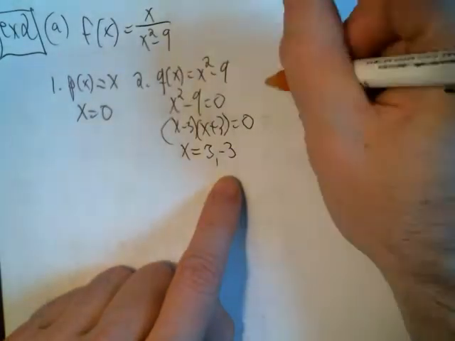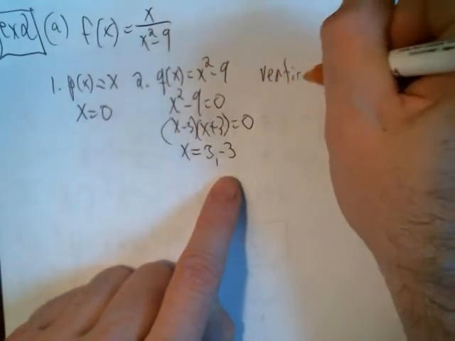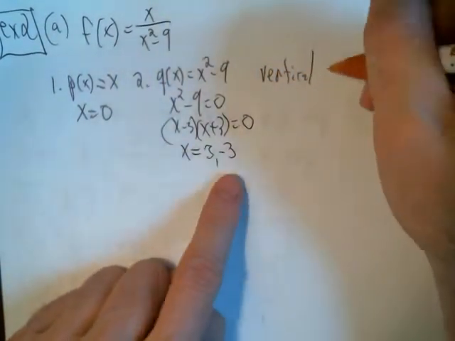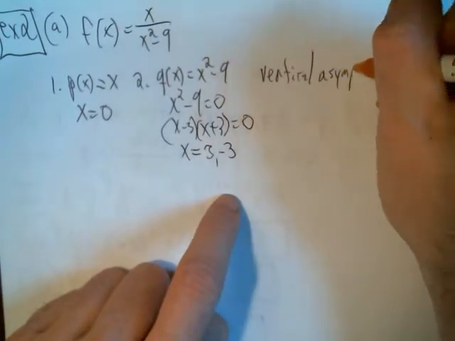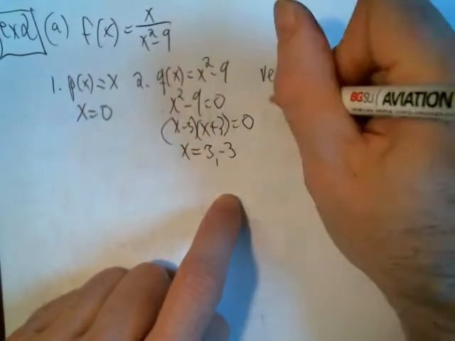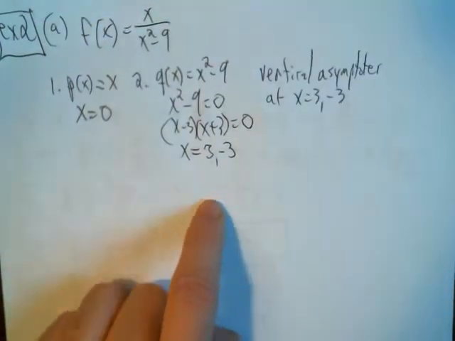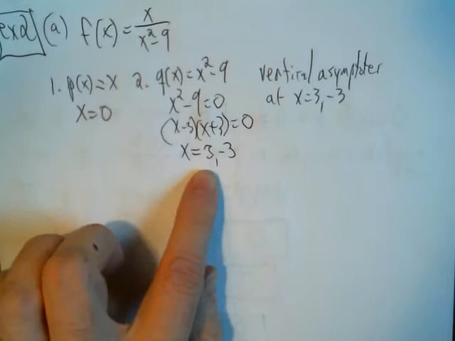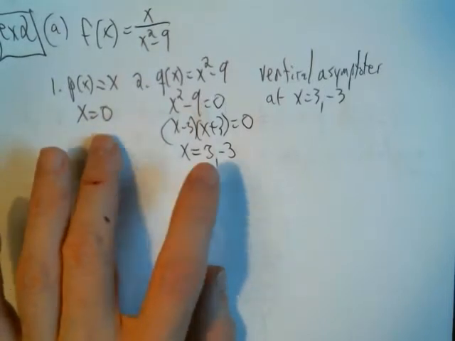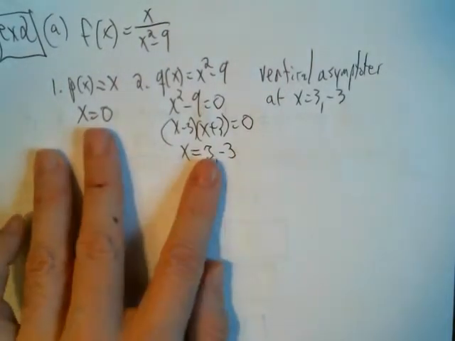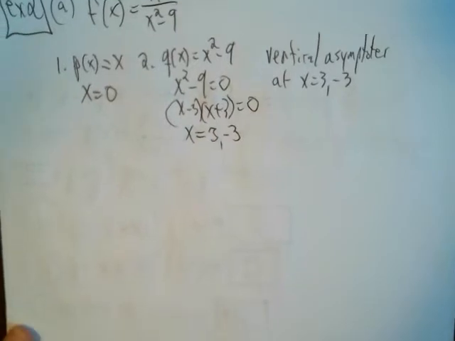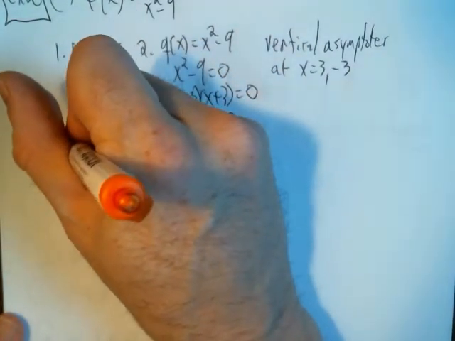We'll have the vertical, well, I mean, for what we're doing, it's a good thing. The vertical asymptotes will be at these places. Okay, vertical asymptotes at x equals 3 and negative 3. So if I had 0 over here as well, then there wouldn't be a vertical asymptote there because there would be a 0 here and a 0 here. Okay, so in part B, we'll see that issue play out.